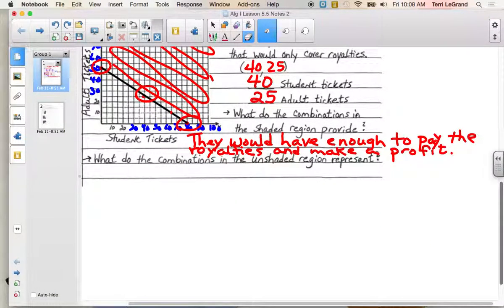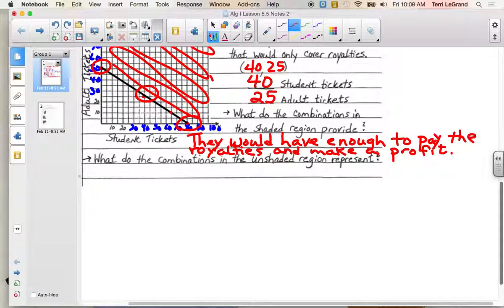Okay, what do the combinations in the unshaded region provide then? If you sell any combination of tickets in the unshaded region on that graph, such as, what if they sold 40 student tickets and 20 adult tickets? They wouldn't cover the $400, would they? Yeah, they would lose money, wouldn't they?